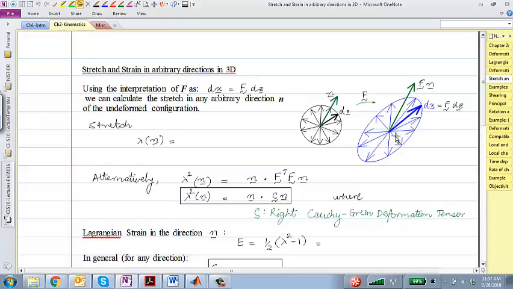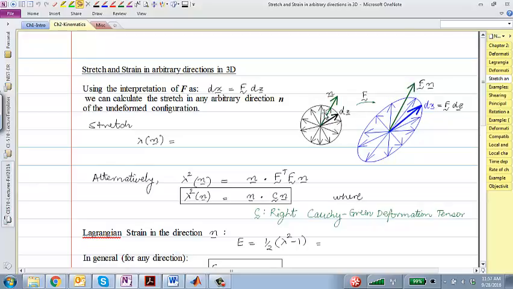So this F tensor will completely capture all the possible directions. If I want to find out the stretch along a particular direction n, I need to relate this n with its corresponding mapped n.